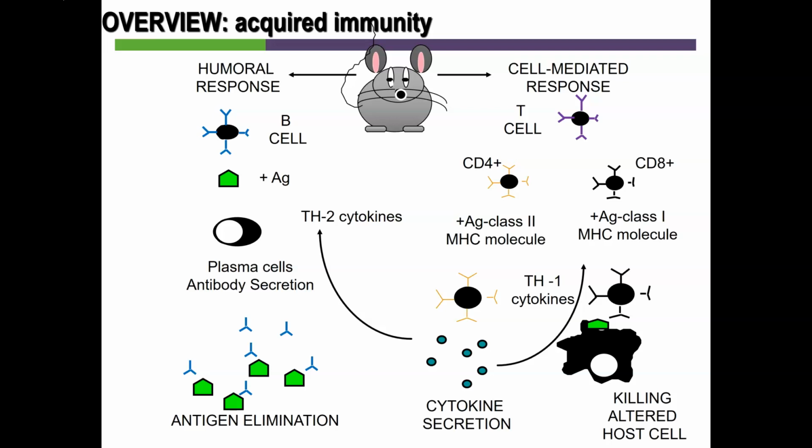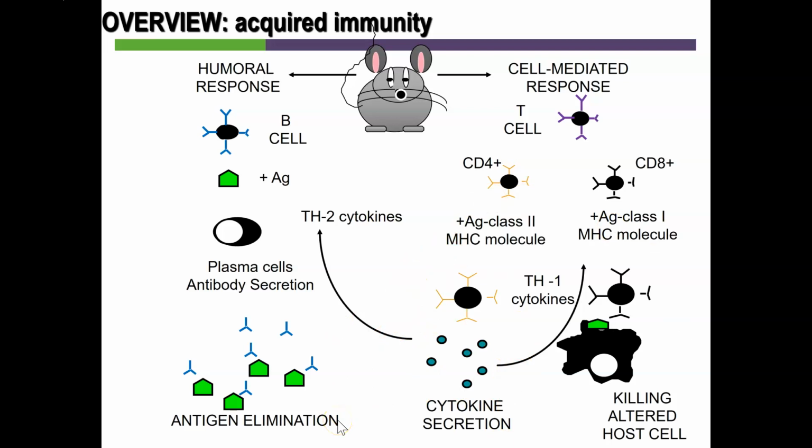The CD4 on helper T cells is the accessory molecule that helps stabilize the TCR interacting with the MHC2 presenting an epitope. So MHC2 molecules presenting exogenous epitopes will interact with the T cell receptor of the T helper, and the helper T cell will be stimulated to then release their cytokines.